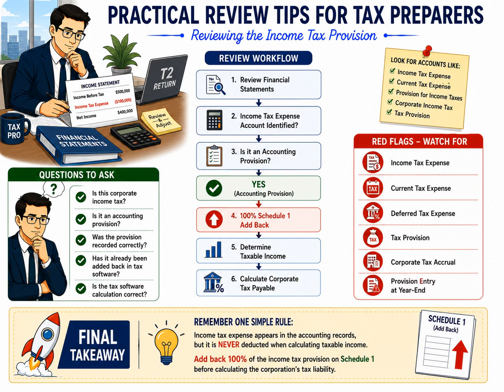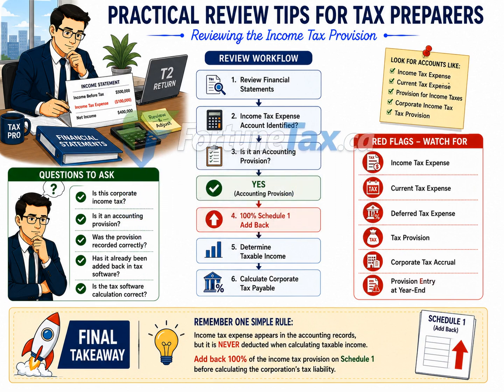As you review the financial statements, pay particular attention to common account names that indicate an income tax provision. These include current tax expense, deferred tax expense, tax provision, corporate tax accrual, and year-end provision entries.